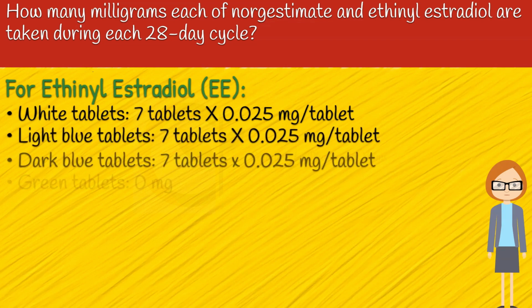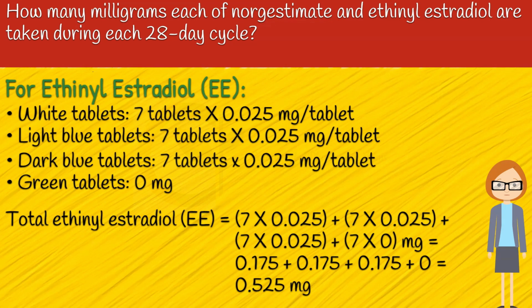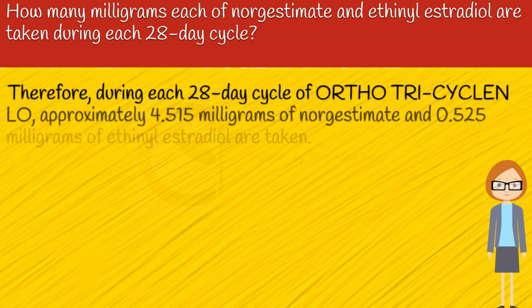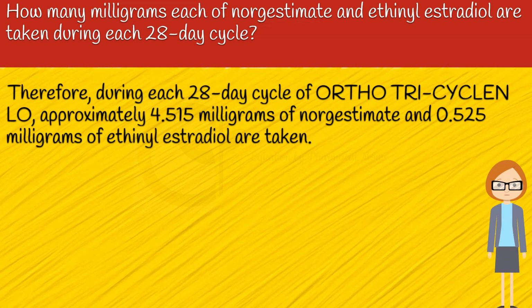To calculate the total amount of ethinyl estradiol, we'll first multiply the number of each colored tablets with the amount of component and then sum up. Therefore, during each 28-day cycle of ORTHOTRicycline LO, approximately 4.515 mg of norgestimate and 0.525 mg of ethinyl estradiol are taken.